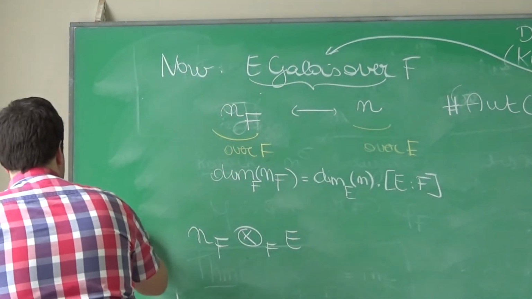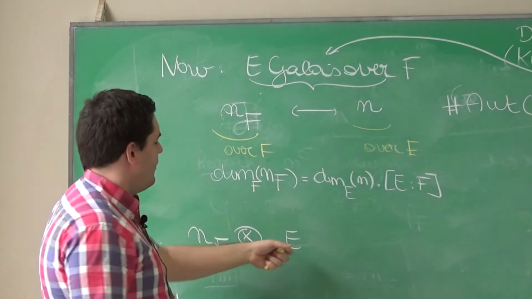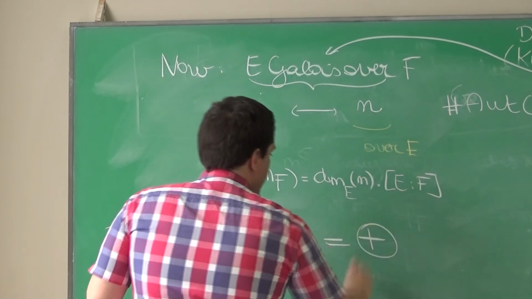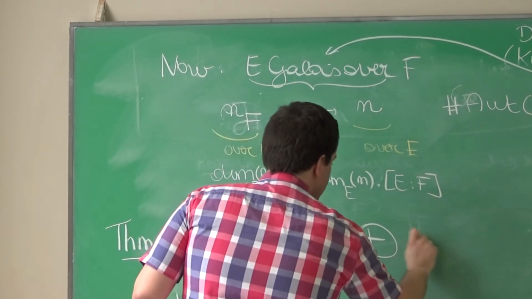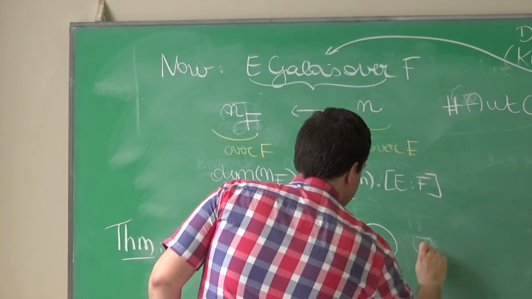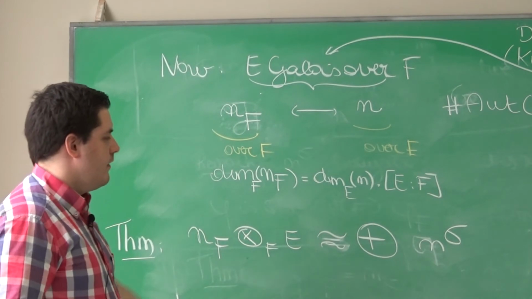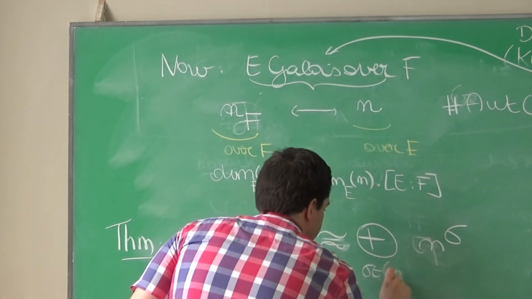But what you can show, and that's maybe the main result of the paper, is that if you do this, the Lie algebra is isomorphic to the direct sum of all the conjugates of N over your Galois extension.